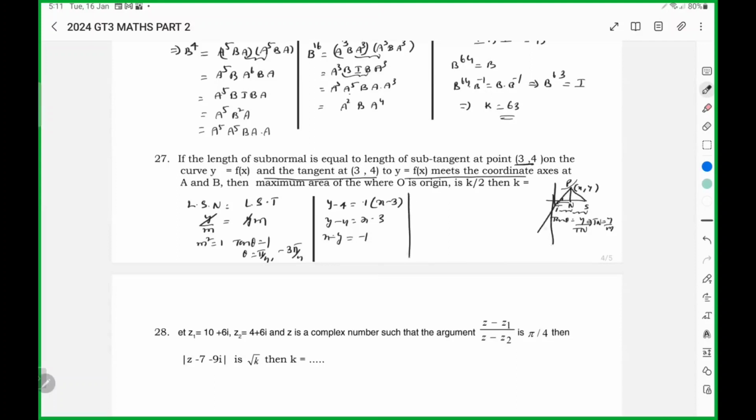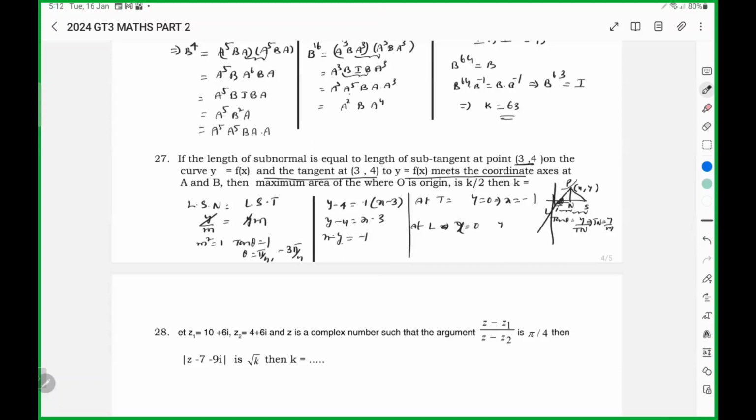It meets the x-axis at T, the y-axis at L. At T, which is on the x-axis, y is 0. Y0 means x is minus 1. At L, x is 0.